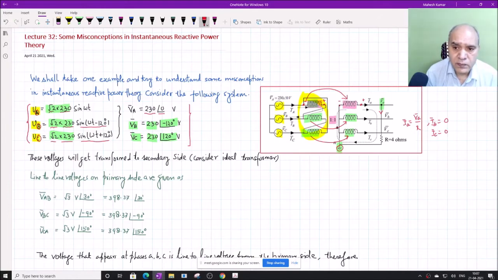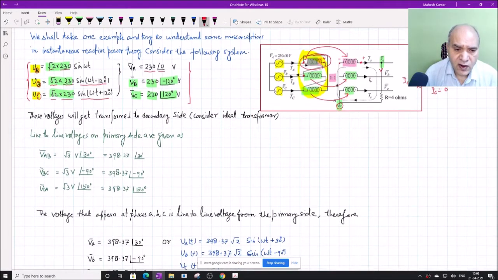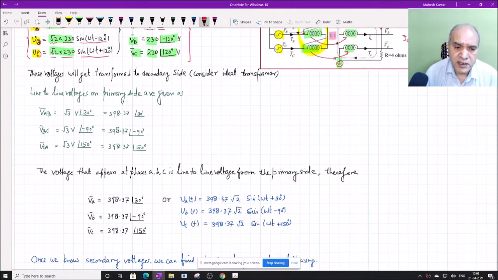The line to line primary voltage is between A and B. This is point A, and this is point B, you can see it here. So this becomes the line to line voltage, and it can be found by simple phasor expressions or by time expressions. The line to line voltage is root 3 times the RMS value with a phase angle of 30 degrees. You can find it from the phasor diagram also.